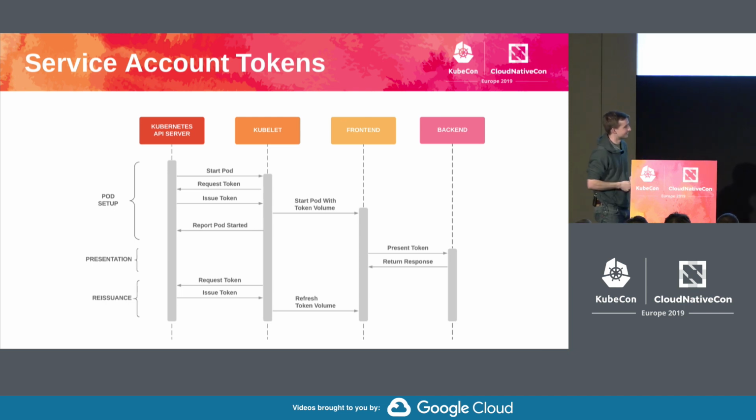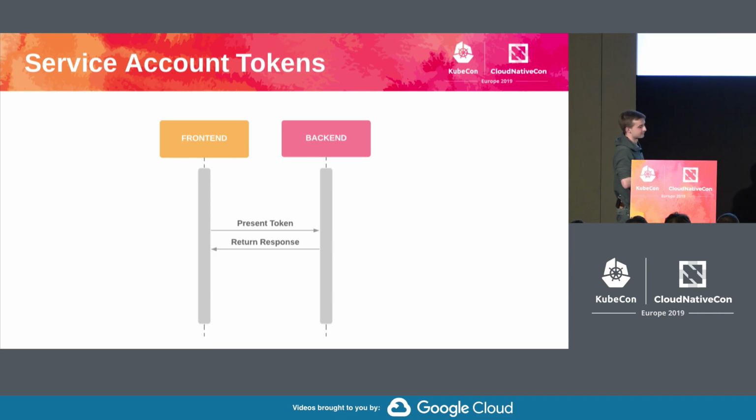I'm not going to step through it because most of this is handled by the infrastructure. And what you really have to care about is your front end and your back end. So your front end reads a token from disk, presents it to your back end, and the back end authenticates that token, and possibly returns a response based on the enforcement policy.